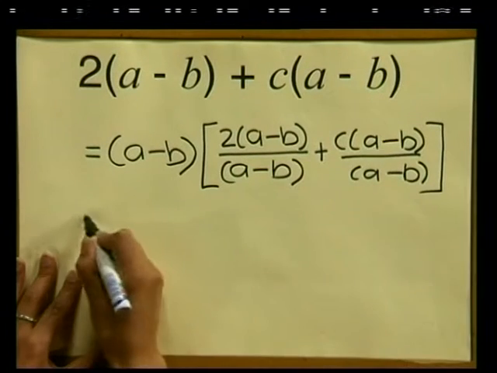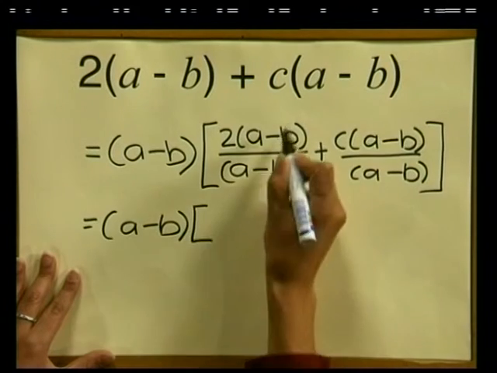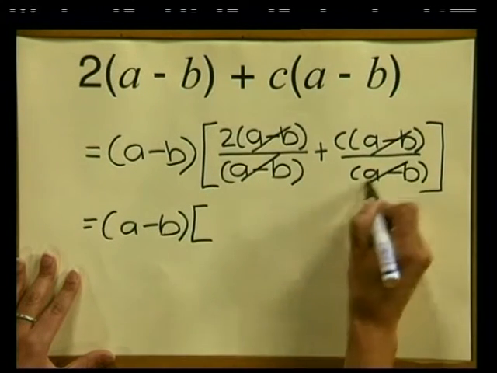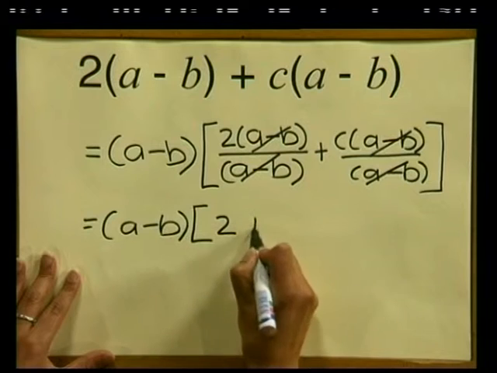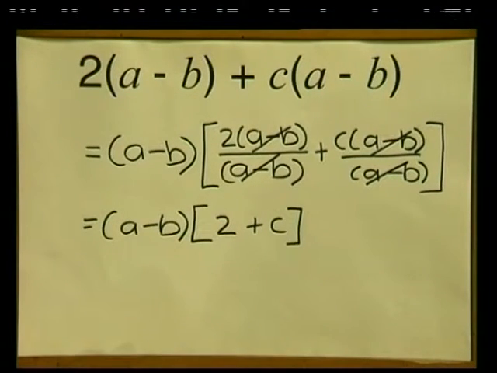And we should notice that our common factor is going to cancel out. Those cancel out, and we are going to be left with 2 plus c. And we have factorized our expression. And can you see why we say to take out the common factor means to divide?